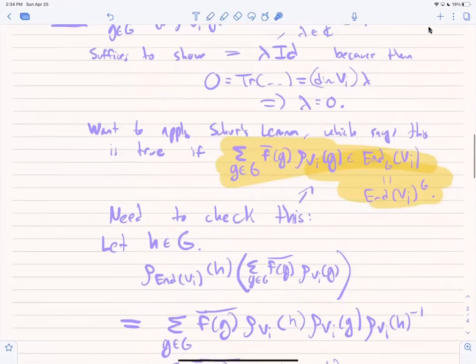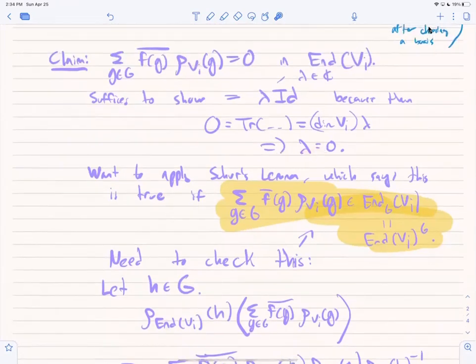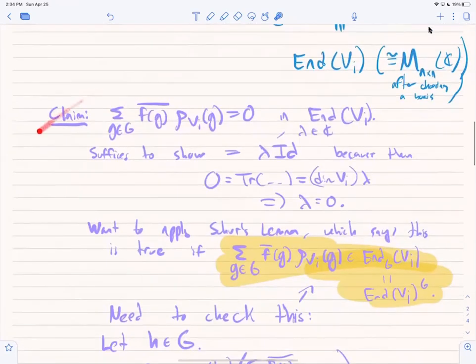So that means this thing is inside of the G-invariant endomorphisms. And again, by Schur's lemma, because Vi is irreducible, that means it's a constant multiple of the identity matrix, which is what we needed, because that let us deduce that the trace being 0 meant the thing was 0. Okay, so we've established this claim.